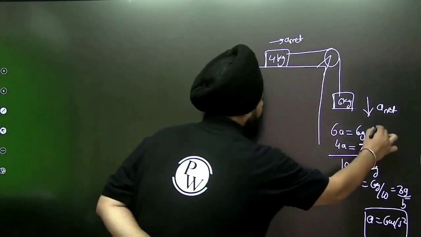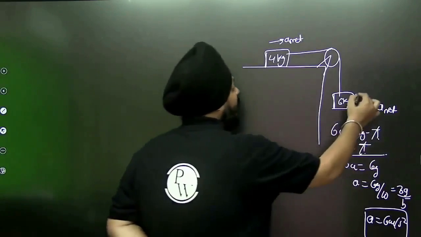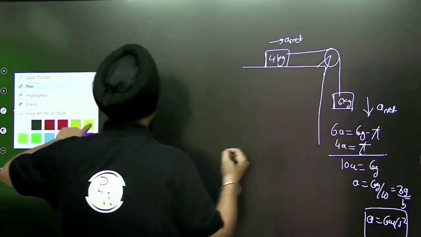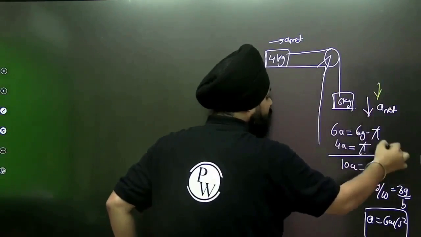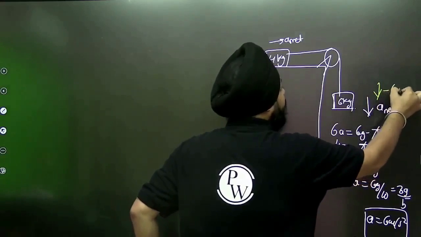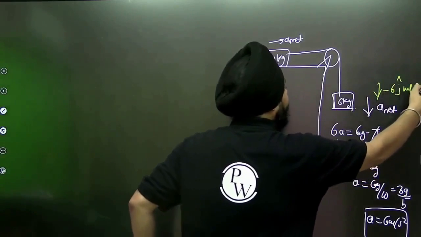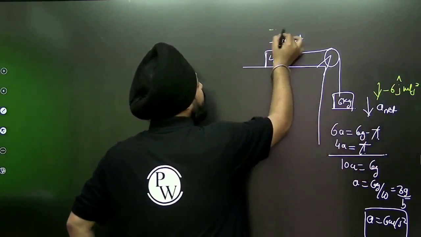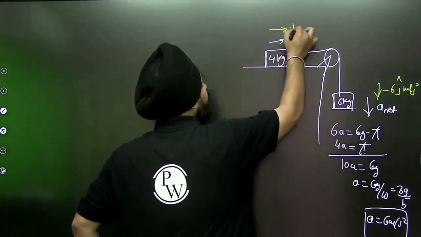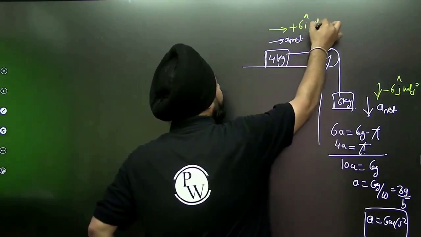This T is going to cancel. Now acceleration of the first particle is in the downward direction, so it will be negative of 6 j meter per second square. Acceleration of the second particle is towards the right, so it is positive of 6 i meter per second square.